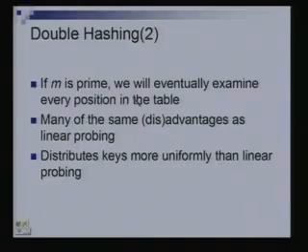If M is a prime, then this technique will ensure that we look at all the locations of the table. In linear probing, because the offset was 1, we would look at all the locations in the table. If there was an empty location, we would always be able to insert the element.